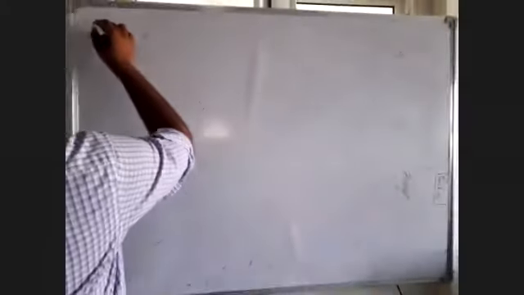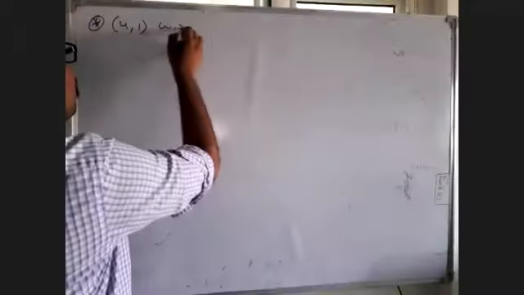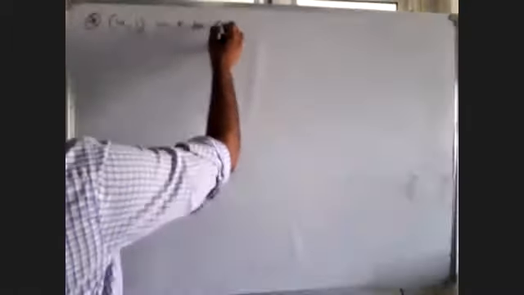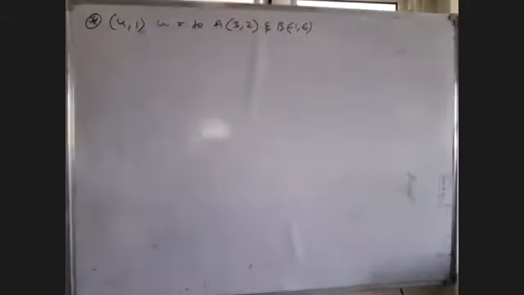The harmonic conjugate of 4, 1 with respect to the points A 3, 2 and B minus 1, 6. Very easy this is.